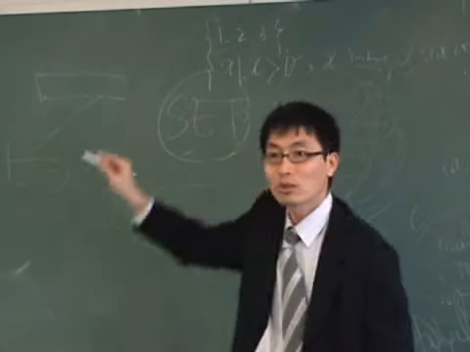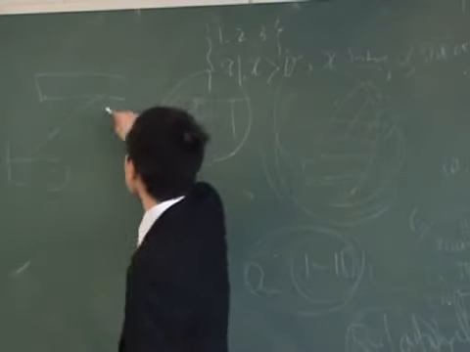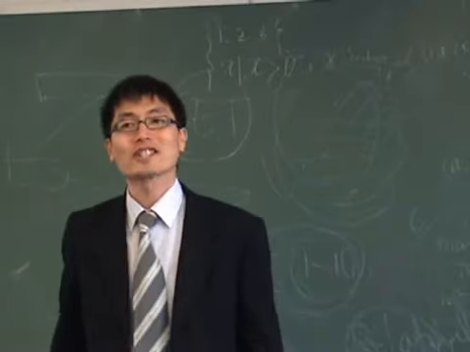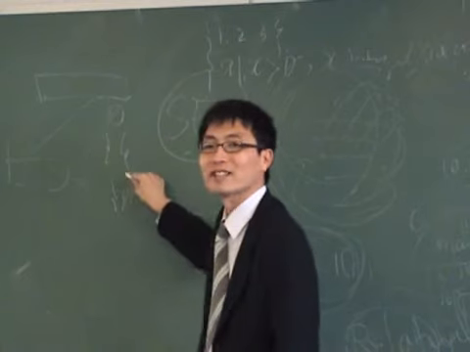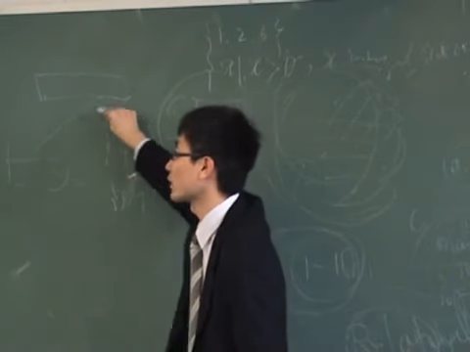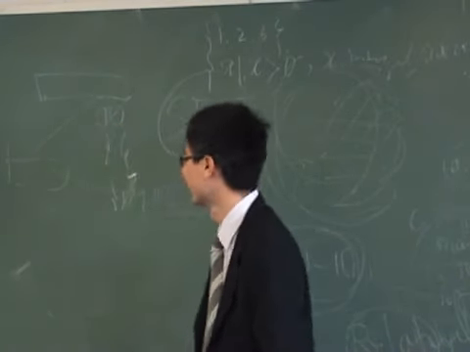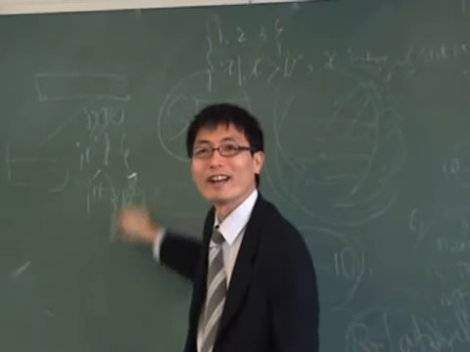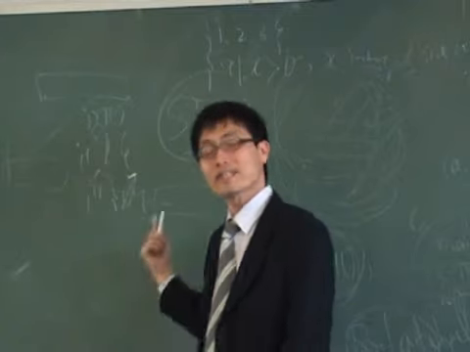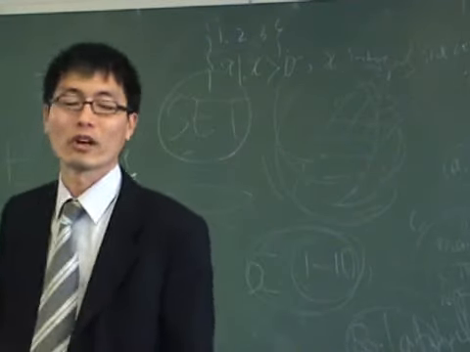You probably learned this. Also, this is the empty set, but this is not the empty set, right? The most popular question in elementary school. So this is the set theory that you learn.